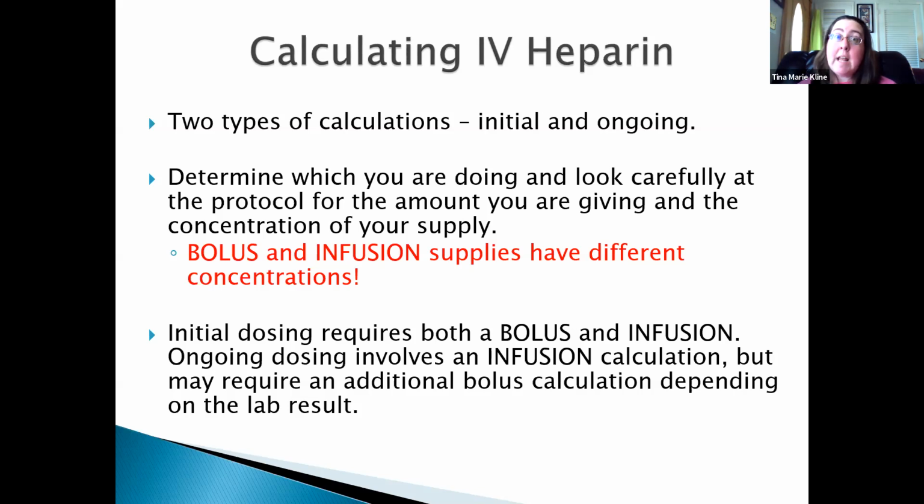The concentrations they use might be different. So you should not be memorizing the protocol. What you should do is understand what the protocol is, how to read it, how to interpret it, and how to implement it in your patient, okay? It is not to be memorized. Okay, that being said, let's keep on going here.